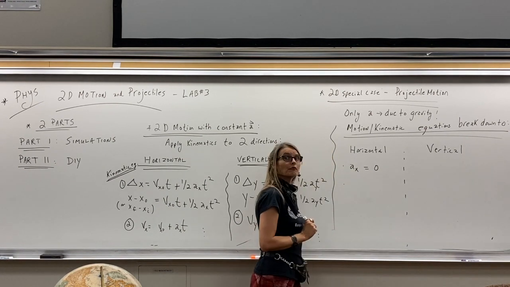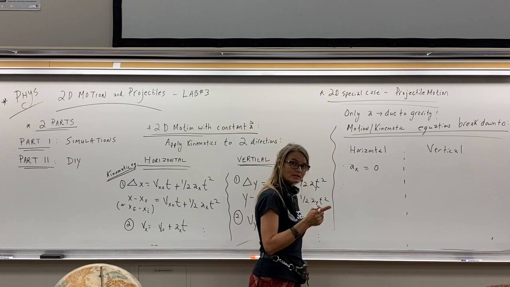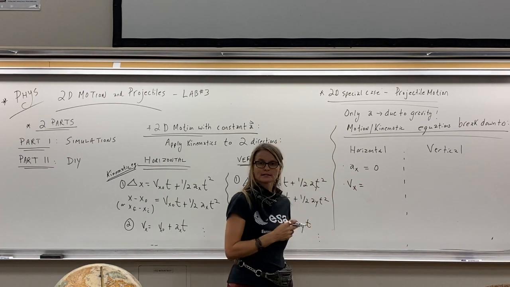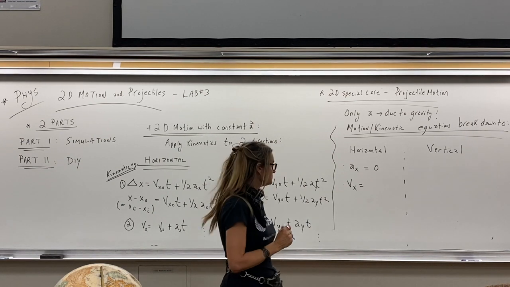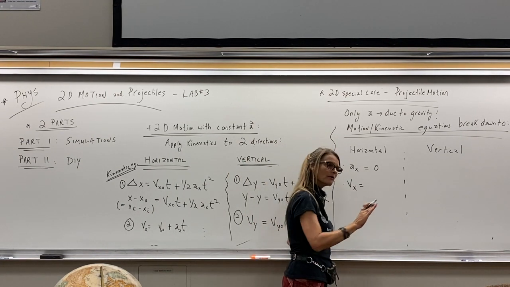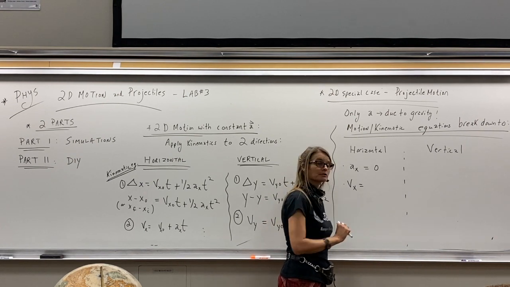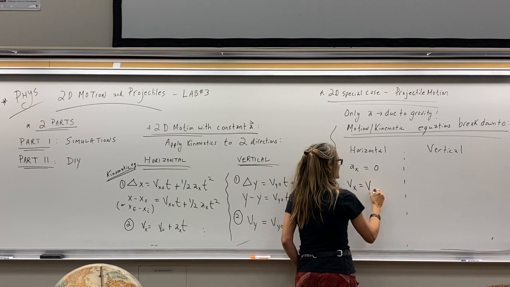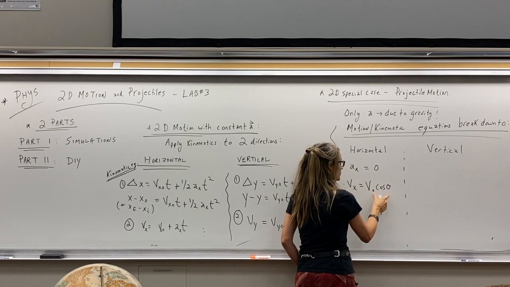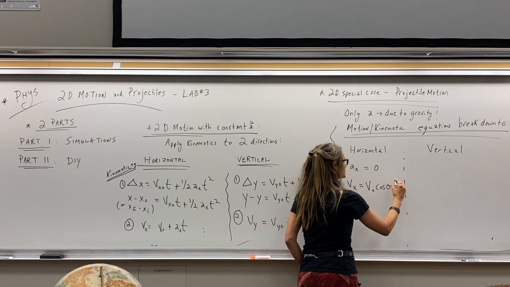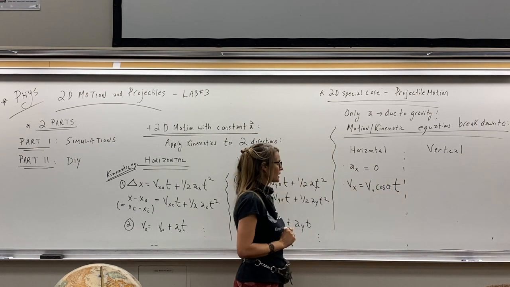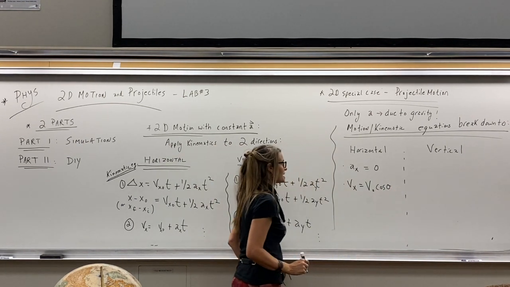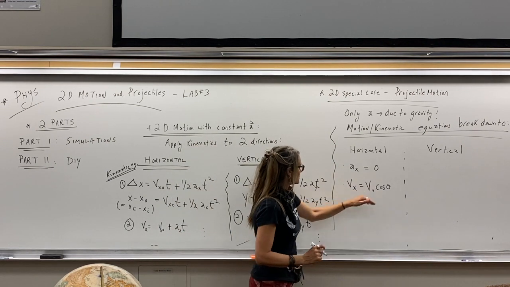Now if we look at the horizontal motion, the velocity vx will be its component velocity vector with respect to any angle at which that object is projected. So our horizontal velocity equals v naught cosine theta, its component of initial velocity.